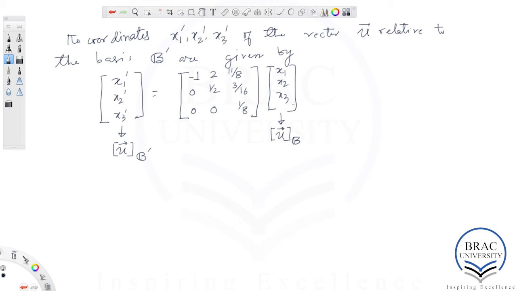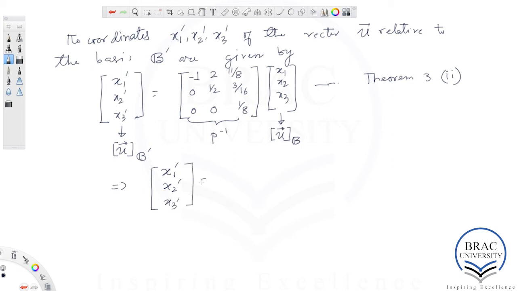Okay, good. So this is P inverse. So this is actually the second part of the second formula for the third theorem.